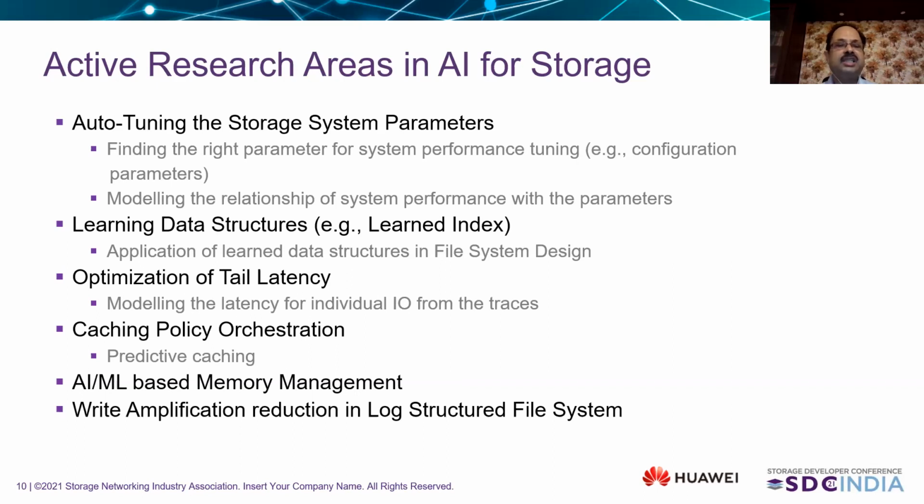Caching policy orchestration is another area. Then AI/ML based memory management, and write amplification reduction in log structured file systems. Can we judiciously do the file system design so that write amplification reduction happens? This kind of area is AI/ML based, and that is happening.